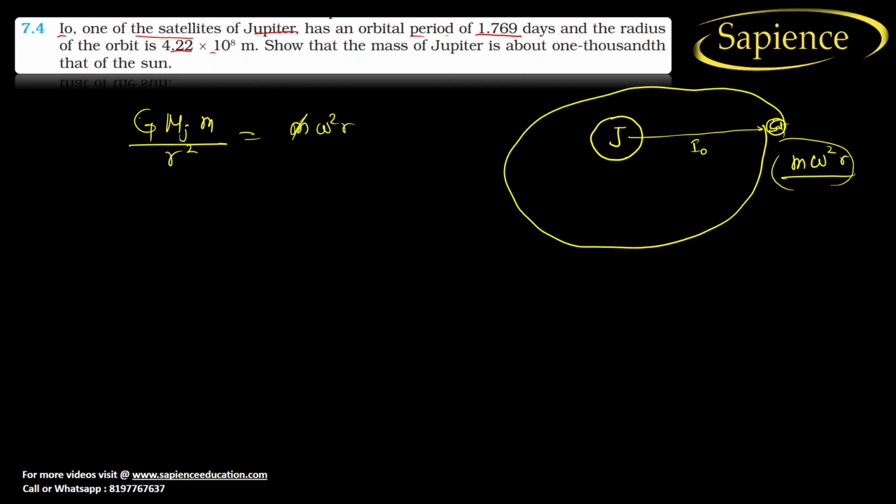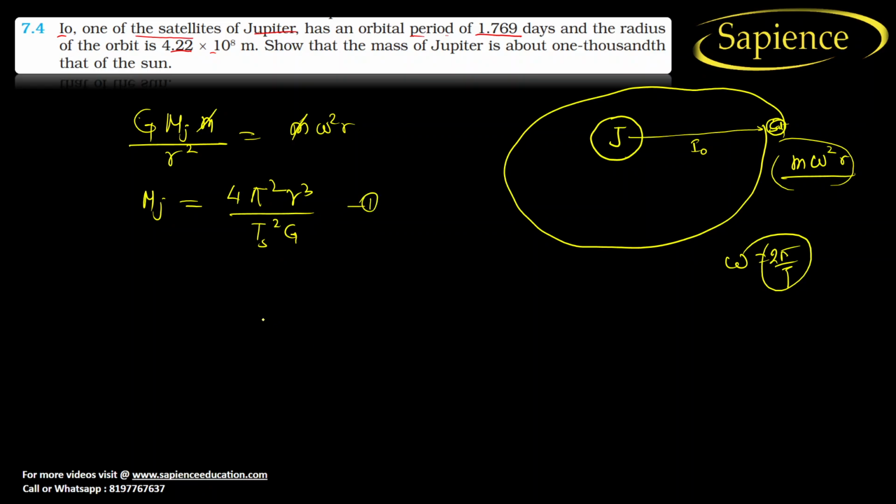If we cancel out, we get the mass of Jupiter, Mj, equal to 4 pi square r cube by the time period of the satellite whole square into G. Why have I written 4 pi square? Because omega is equal to 2 pi by T, so in place of omega I have put 2 pi by T.